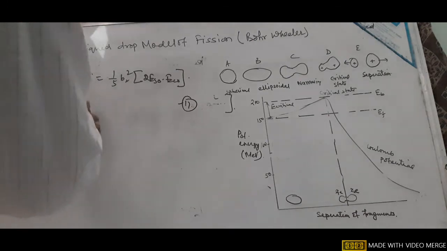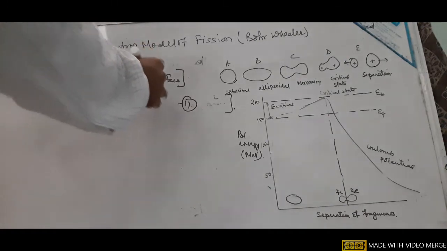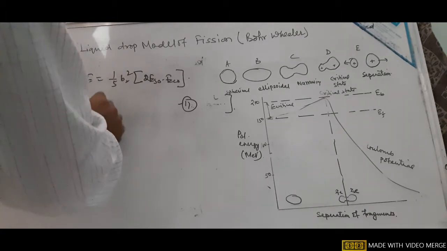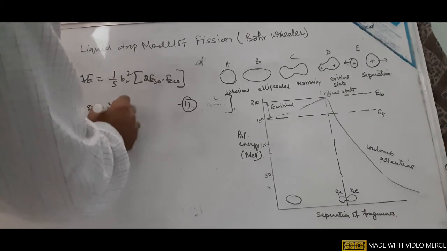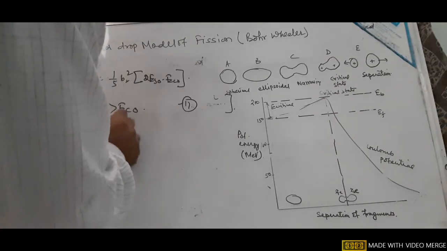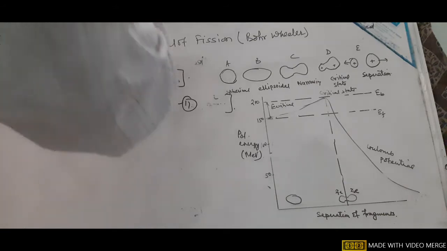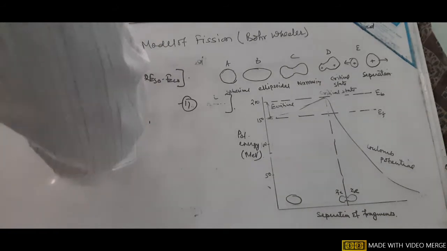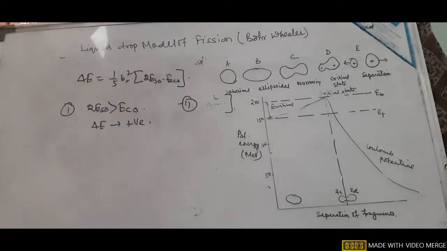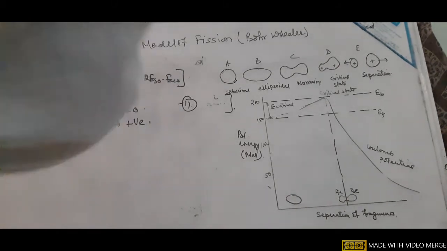So now the first case is if twice ES0 is greater than EC0, meaning the surface energy is greater than the Coulomb energy. So what happens? The energy change becomes positive. Surface energy prevents the disruption, while Coulomb energy promotes it.